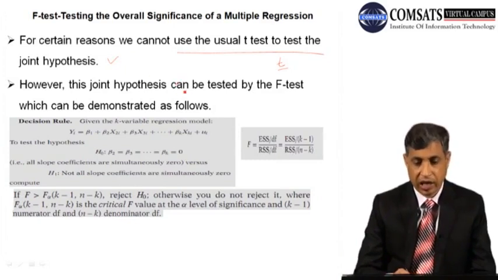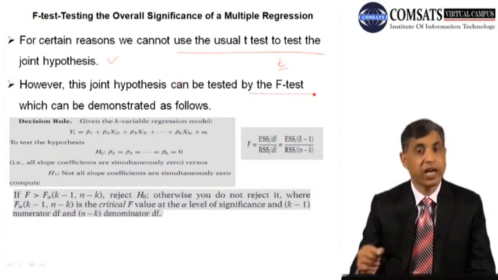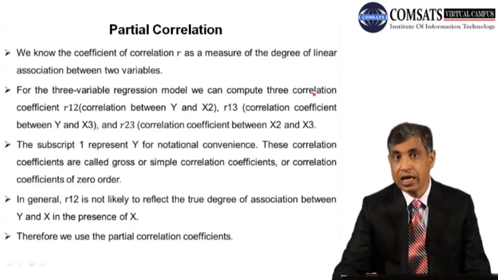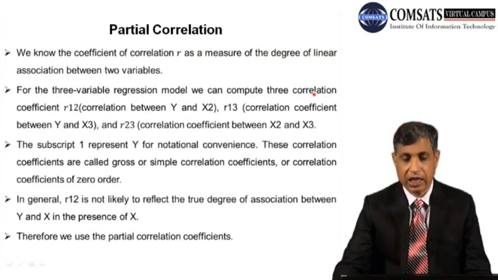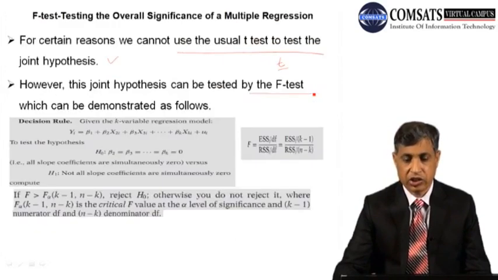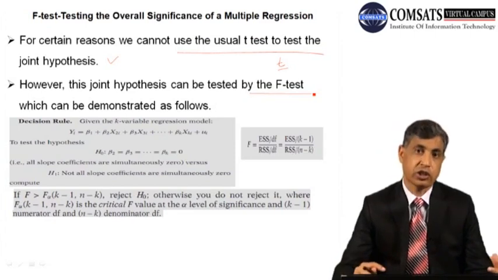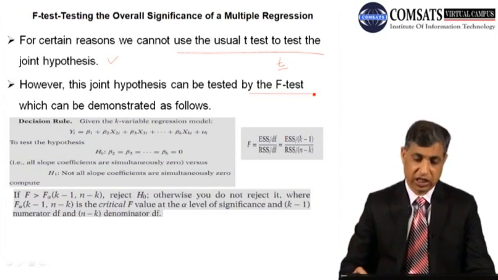However, the joint hypothesis can be tested by the F-test. So the F-test has the potential to test the joint hypothesis. अगर आपके 20 betas हैं, तो ये उनको jointly जो है वो test कर देगा.